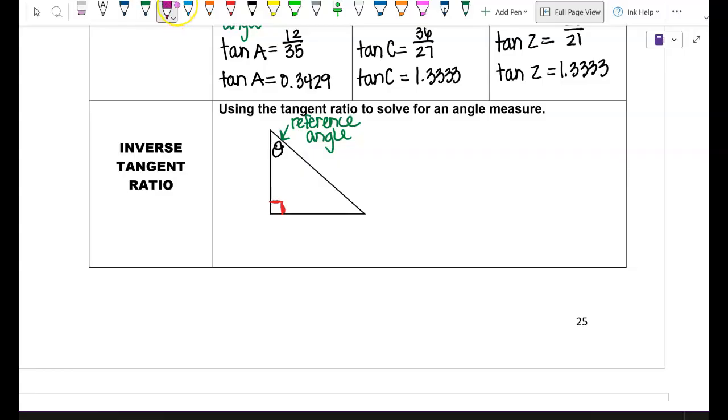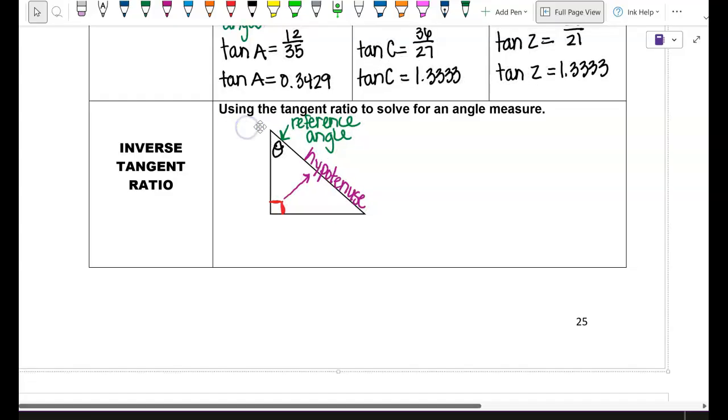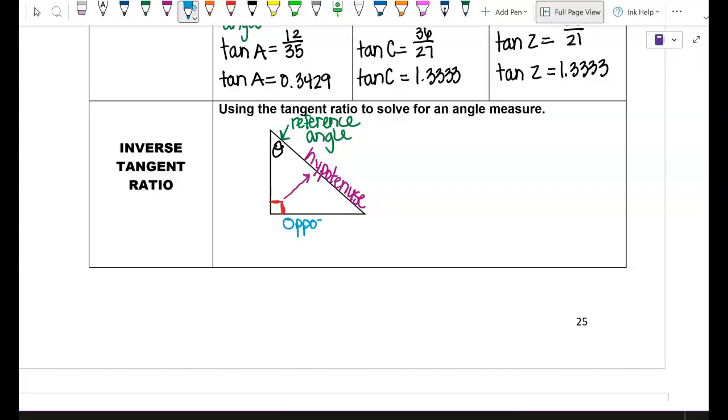And again, we know that opposite the right angle is our hypotenuse. That hasn't changed. The only thing is tangent doesn't use hypotenuse. Tangent only uses opposite and adjacent. So across from that reference angle, which would be its opposite, is this side down here.